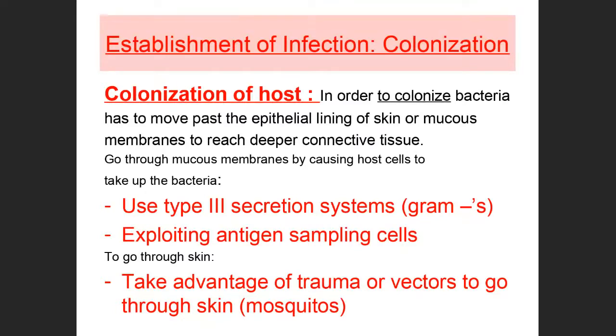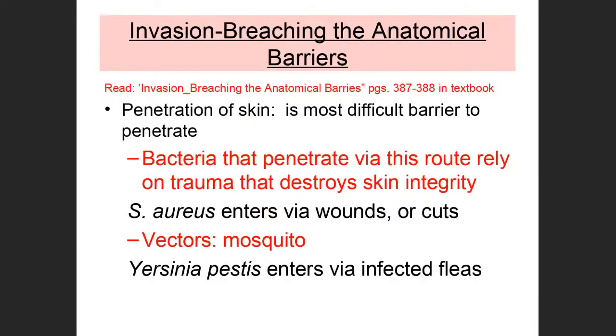All right, so let's talk about going through the skin. Not very easy, most difficult barrier to penetrate. And bacteria that goes through this route has to destroy the skin.